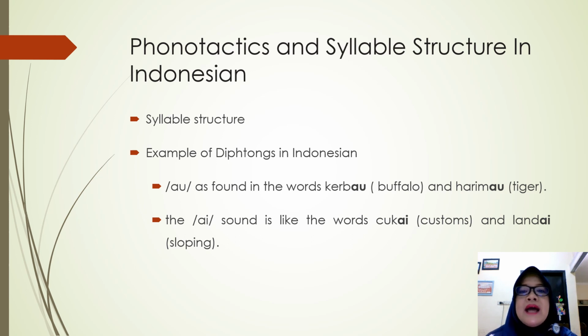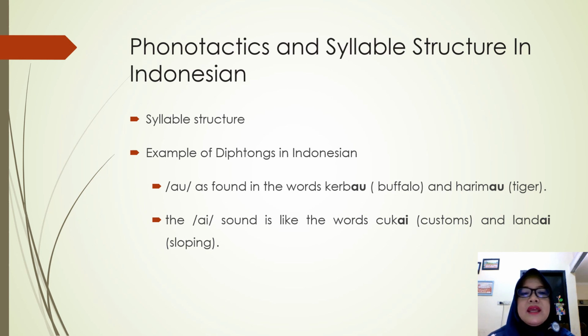However, this process does not produce two sounds, but only one sound because it is in one syllable. An example of a diphthong in Indonesian is au, as found in the word kerbau here, and harimau.